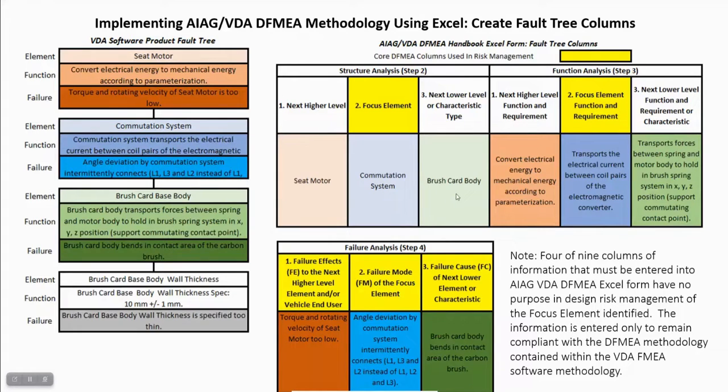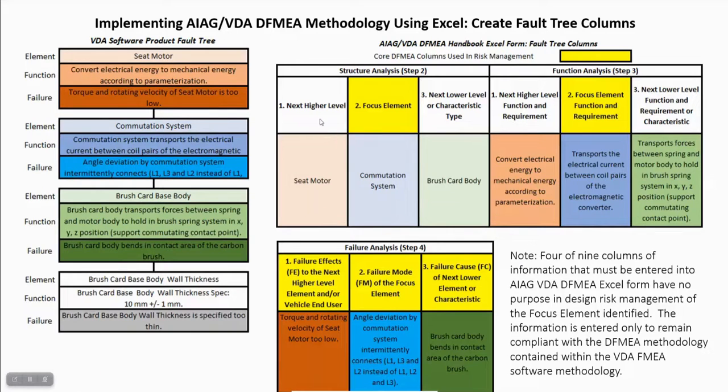Now, the interesting thing about this is as you look at this chart, you'll notice these items in yellow. If you were doing a design FMEA, these are the columns that actually have a purpose, that you must have in them, or you cannot do a design FMEA correctly.